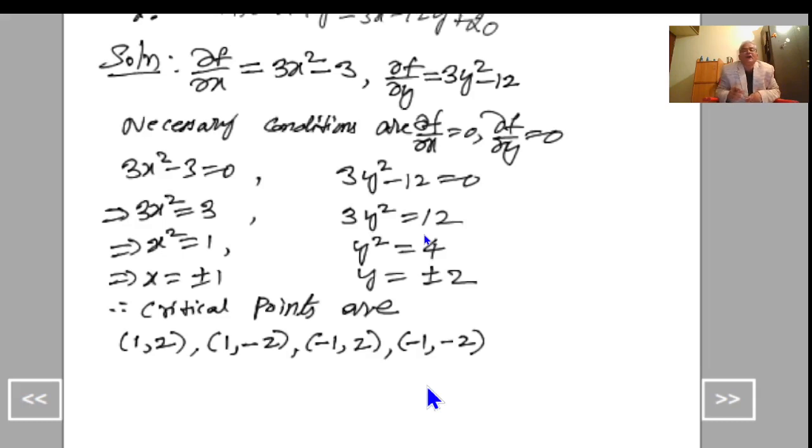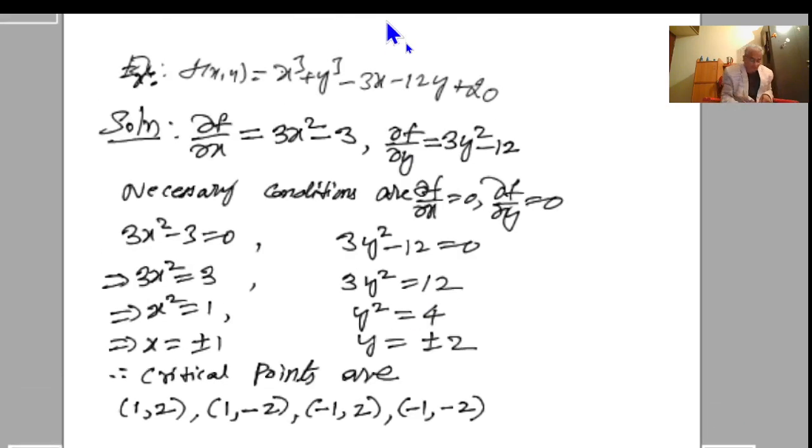For that we need the second derivatives. Here dou square f by dou x square, this is equal to f x x. We have dou f by dou x here. Differentiating this partially with respect to x, we get 6x.